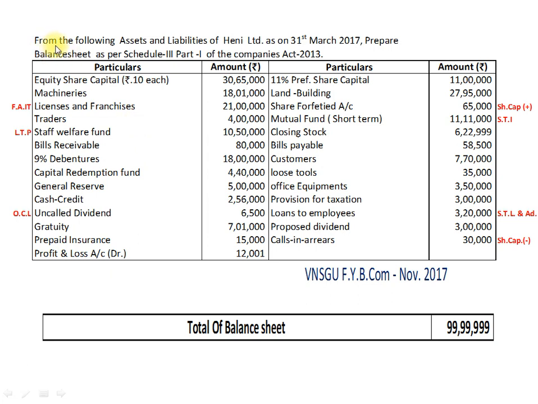Here is the question. From the following assets and liabilities of Henny Limited as on 31st March 2017, prepare balance sheet as per Schedule 3 Part 1 of the Companies Act 2013.